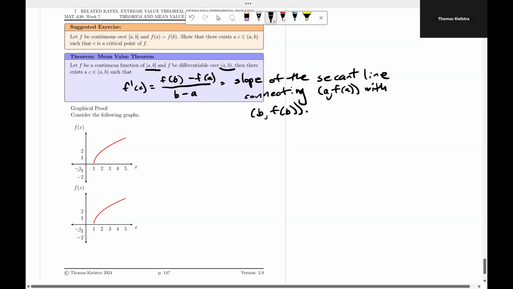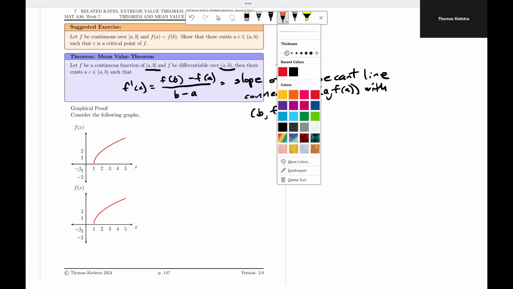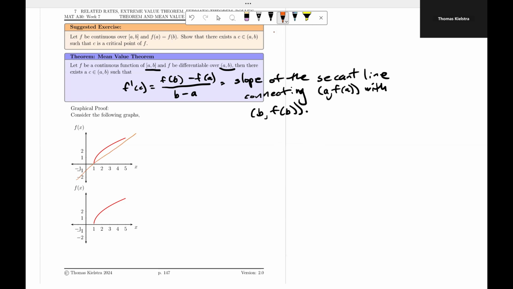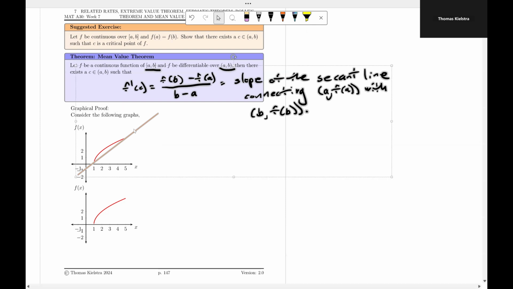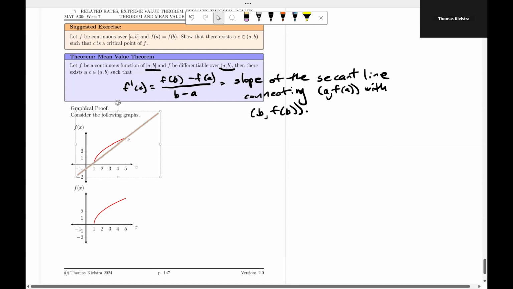And what's the visual idea here? If I take the line that connects the two points there, that's this secant line. So let's take this secant line and we'll copy it and paste it.